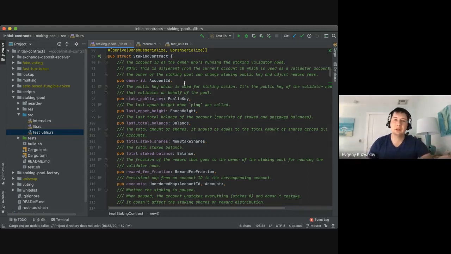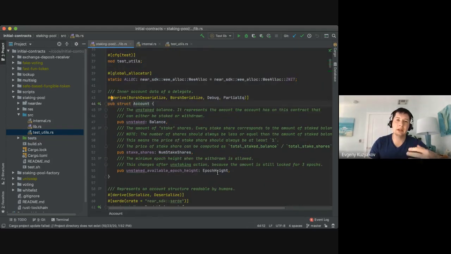So the way it works, for every user we keep a structure called account. Every user that delegated to this staking pool will have an account structure that has the following fields. Unstaked is the balance in yoctoNEAR that is not staked, so it's just the balance of the user.